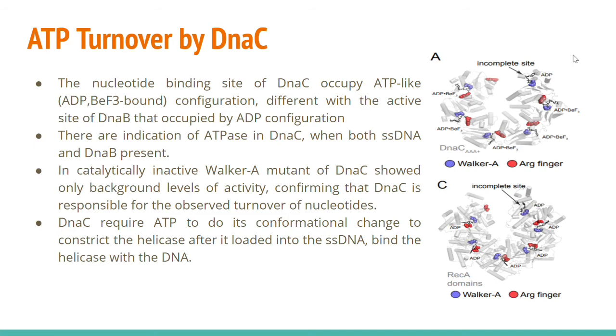To test this, a catalytically inactive Walker A mutant of DnaC showed that the ATPase activity only occurs at the background level, confirming that DnaC is responsible for the observed turnover of nucleotide. In conclusion, DnaC requires ATP to do its conformational change to constrict the helicase after it is loaded onto the ssDNA, binding the helicase onto the DNA.